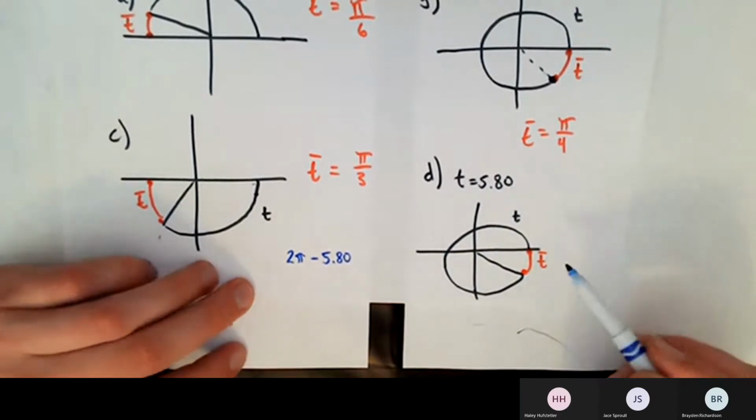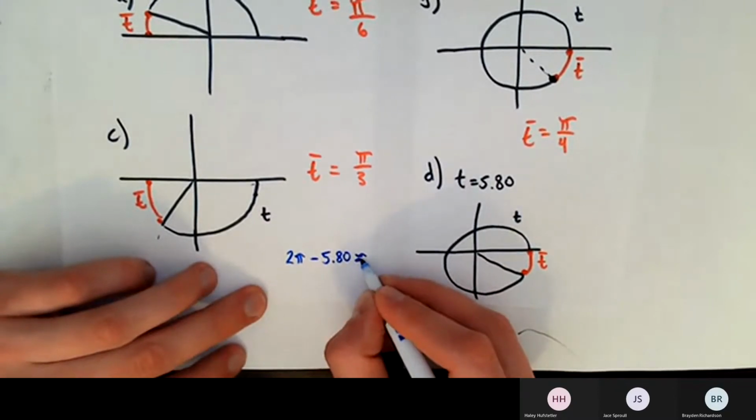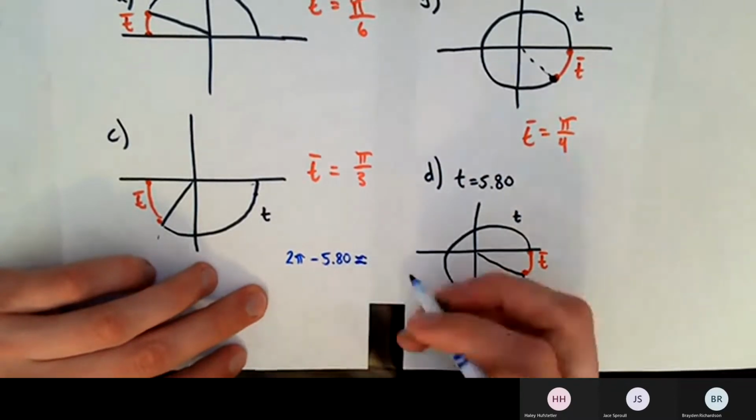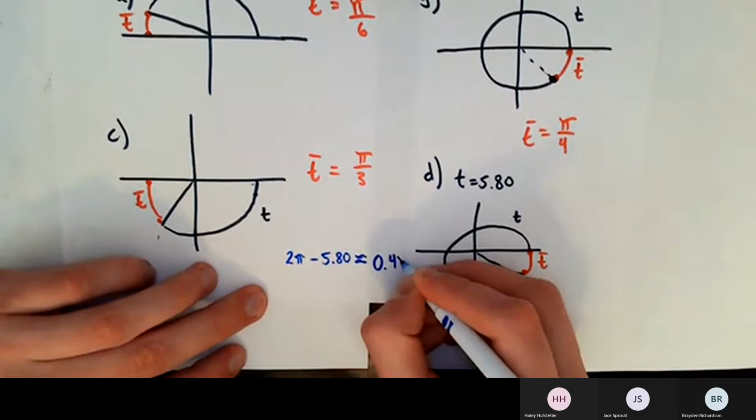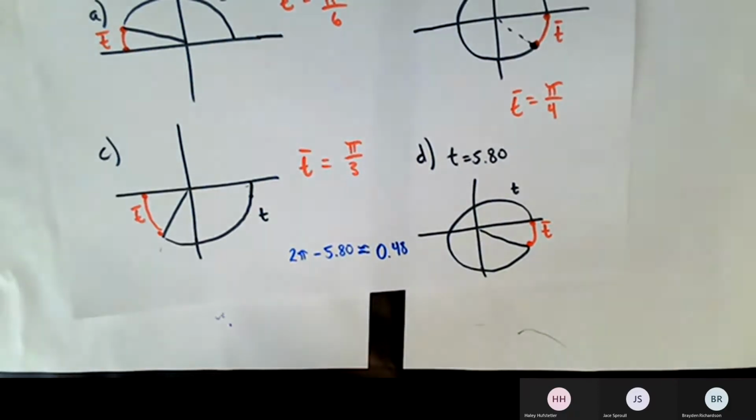It's going to leave me with this little piece here. So if we round, approximately 0.48. Wait, is that right? 6.28 minus, yeah. Approximately 0.48.